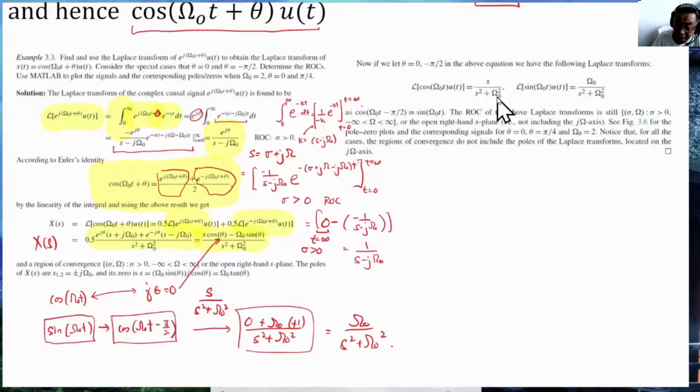So we have figured out this more general expression of the Laplace transform of cos omega naught t plus theta.